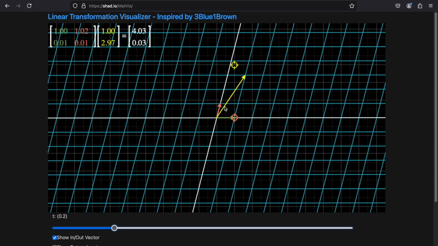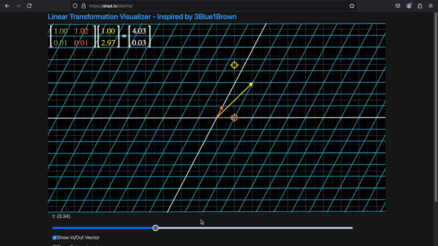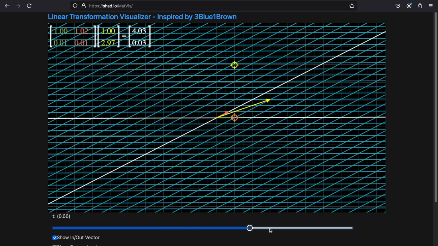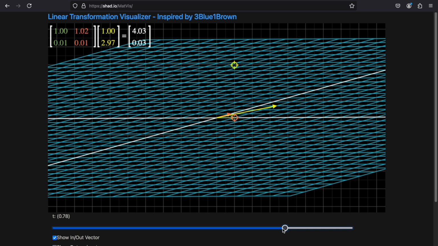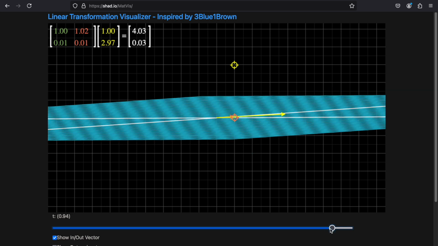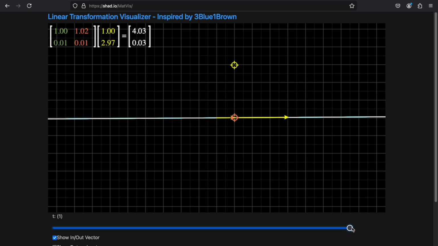It is taking the entire R2 space, the xy plane, and wrapping it into the line, the x-axis. See how the red line slowly moves, and from here onward it will be clear how the space is getting wrapped. Now everything is getting wrapped.